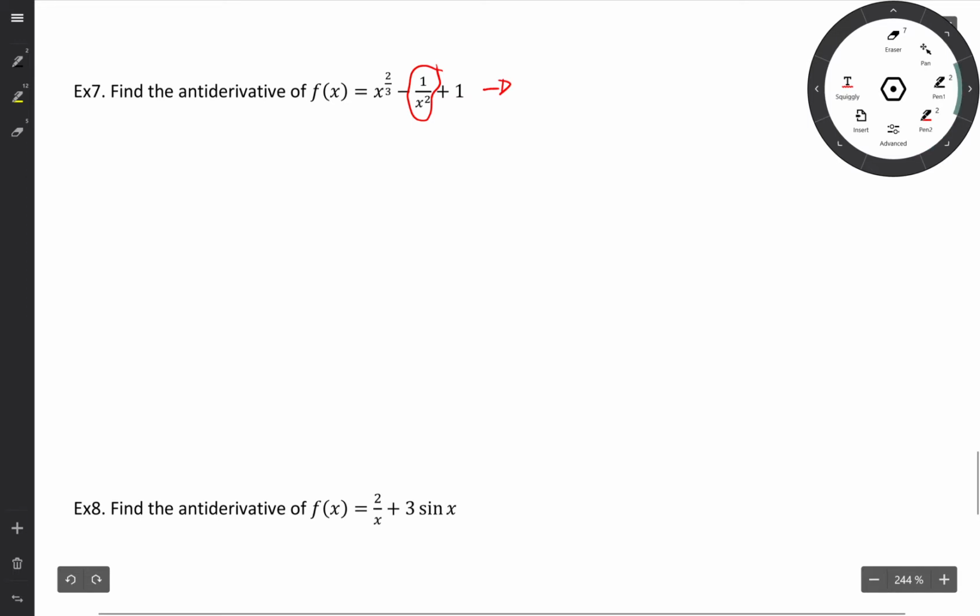So we can rewrite this as x to the 2/3 minus x to the negative 2 plus 1, and then go through and use our power rule, figure it out.